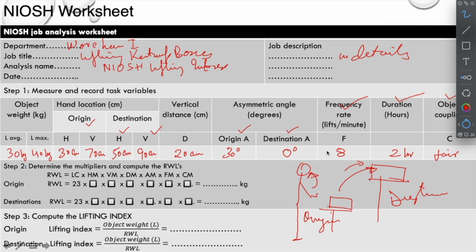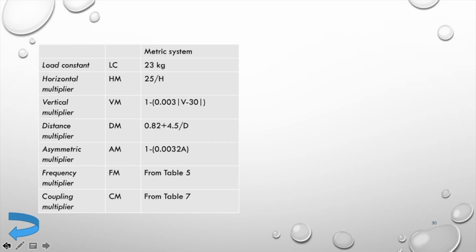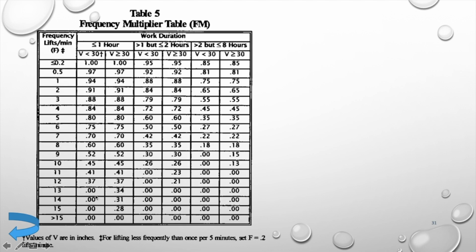So if we have these things, we will go back to the table and see what the values of the multipliers are. In this we will see the multiplier value for 2 hours duration. It will be somewhere around 0.35.